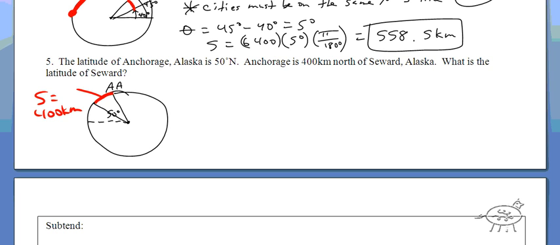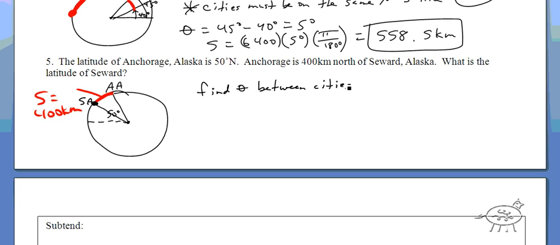All right? And then it says, what's the latitude? So what I really need to do is figure out, at this point right here, that angle right there. Okay, we know it's 50 degrees to Anchorage, but I'm trying to figure out Seward, Alaska. So basically what I need to do is find theta between the cities.